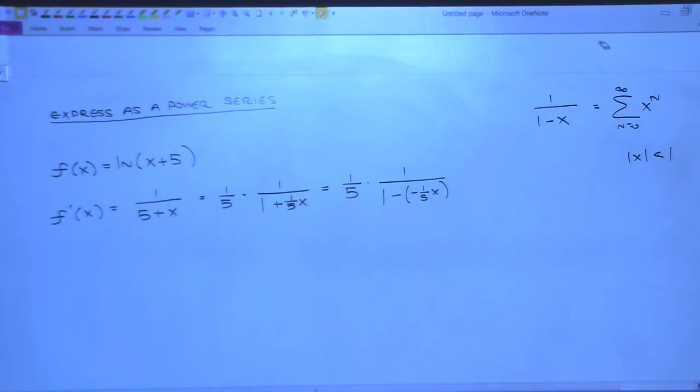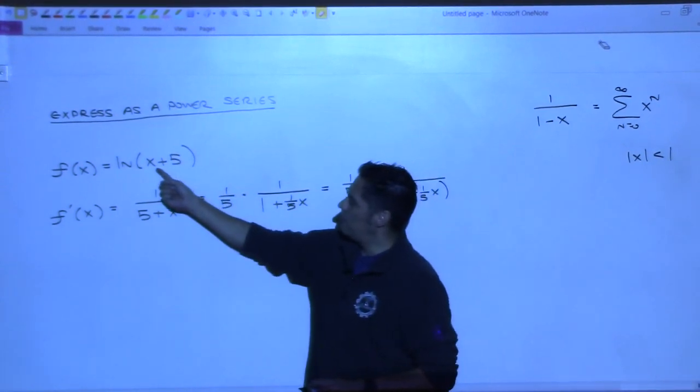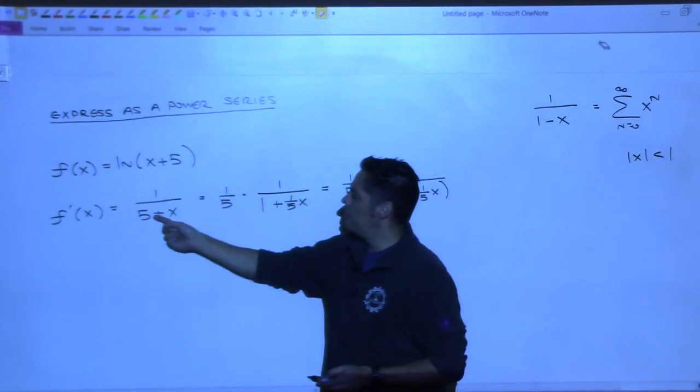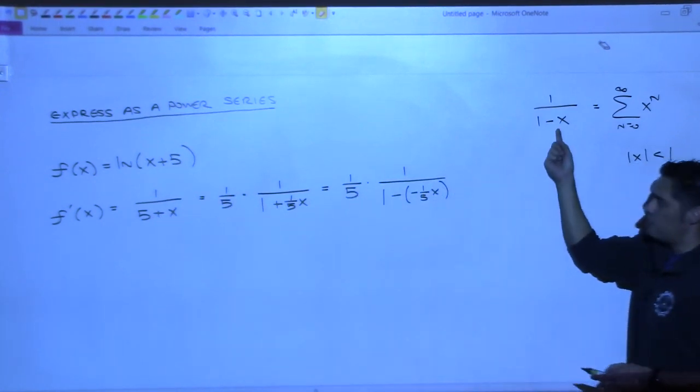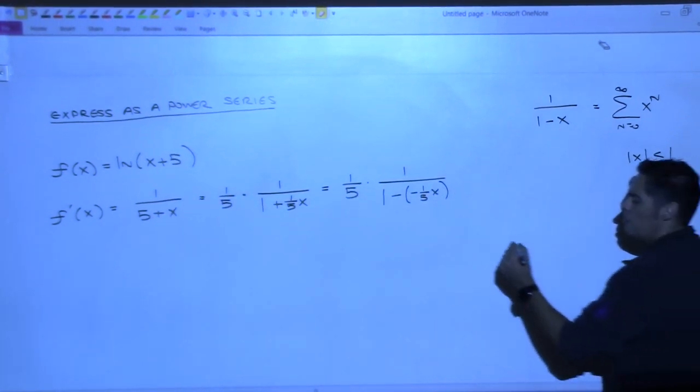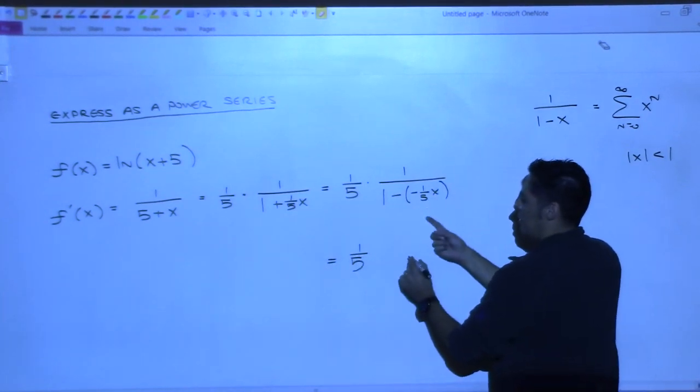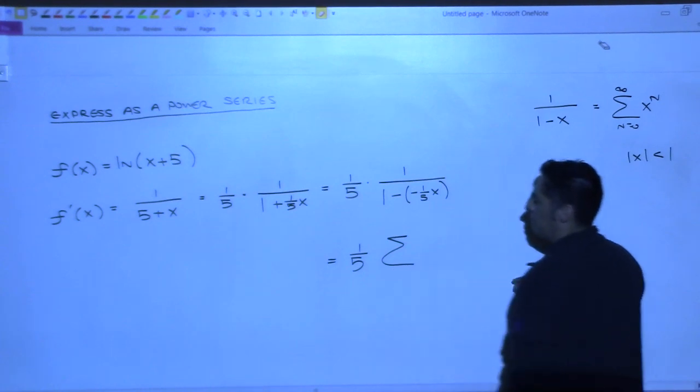Did y'all see all that? This cannot be rewritten using this. However, its derivative does look like something like this, right? And so if I wanted to, I could rewrite this as some what?